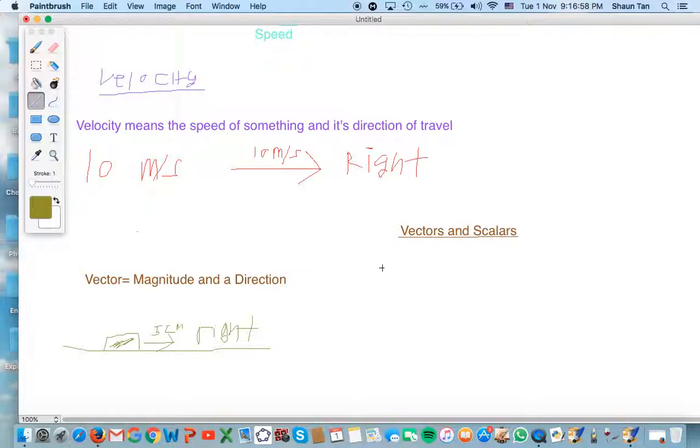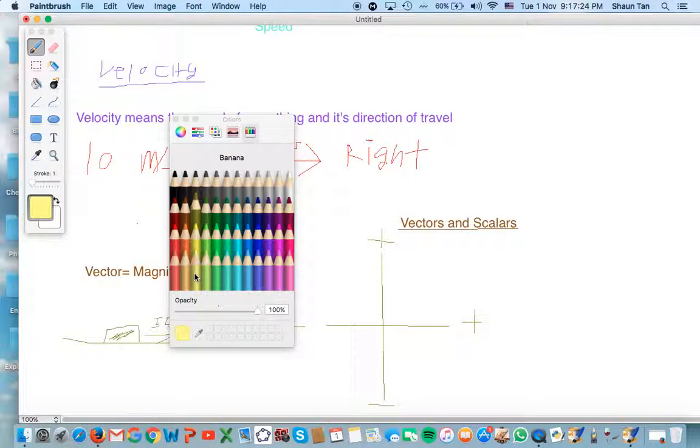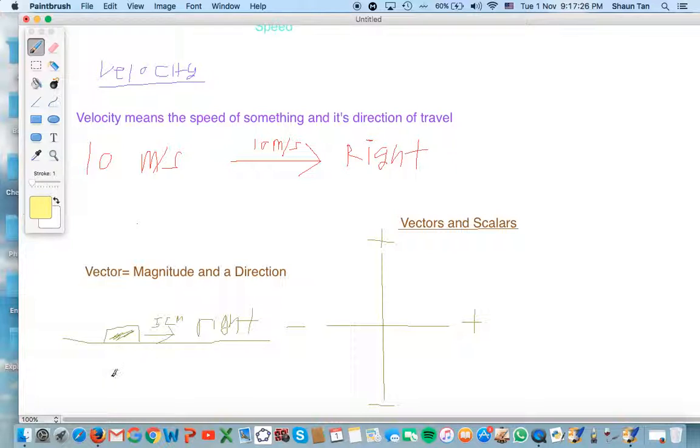And that brings me on to my second point, which is I'm drawing 2 lines, which means an axis. When you go up, it's positive. When you go to the right, it's positive. When you go to the left, it's negative, and when you're below, it's negative as well. So in this case, because it's moving 5 cm to the right, this will be positive 5.